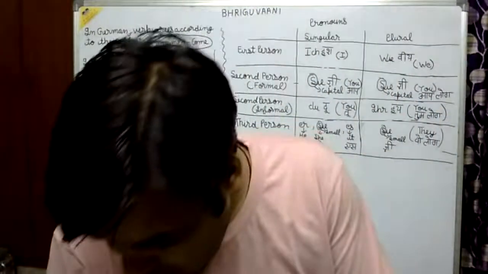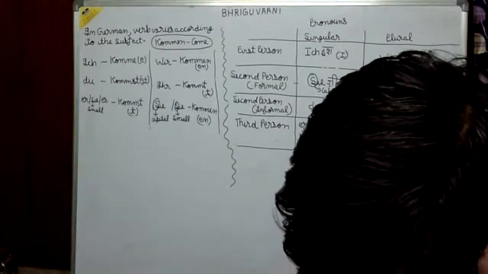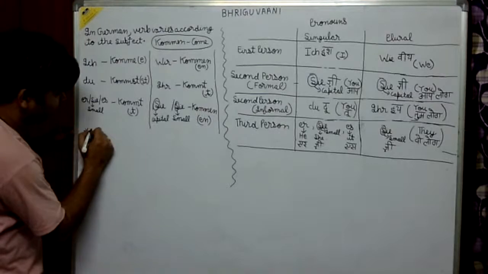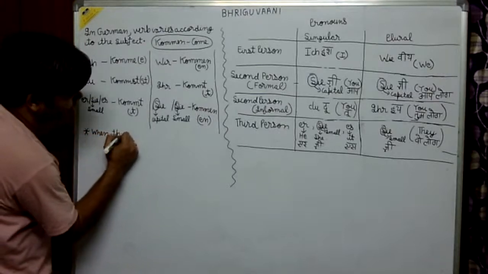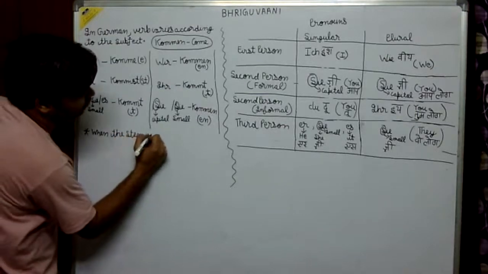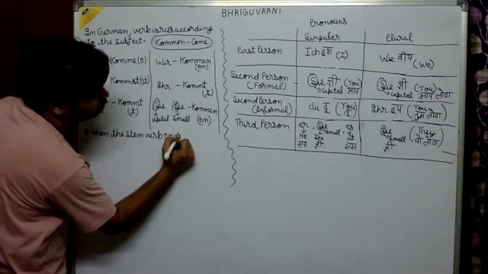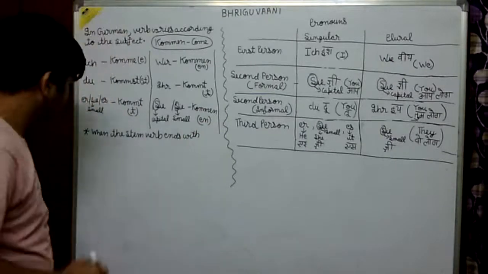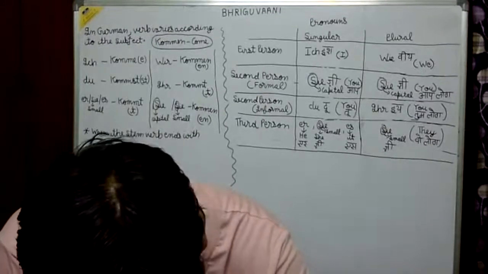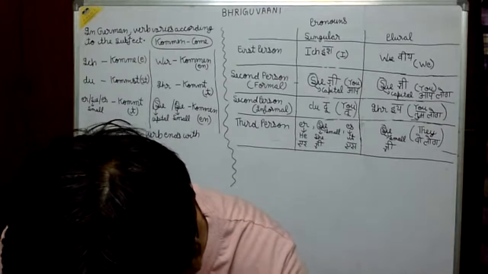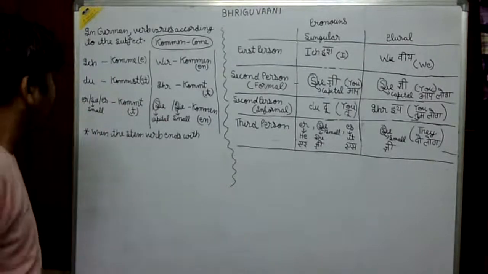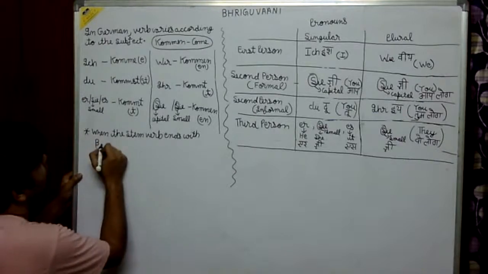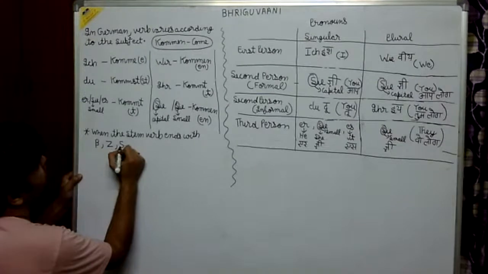Now we have a rule. What's that rule? Look towards that rule. That rule says when the stem verb ends with umlaut, this and this.